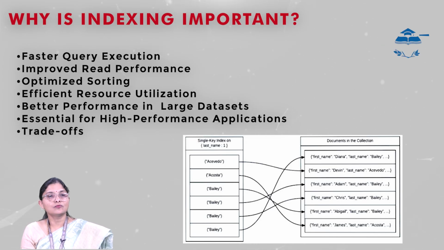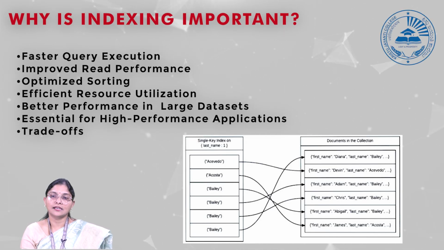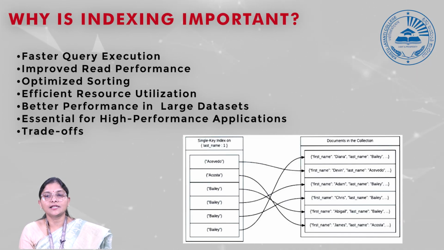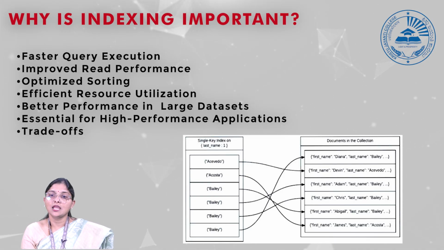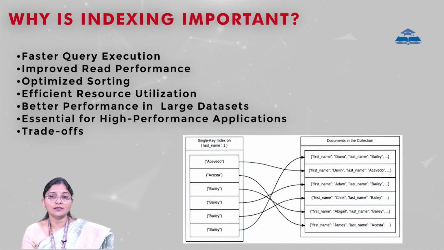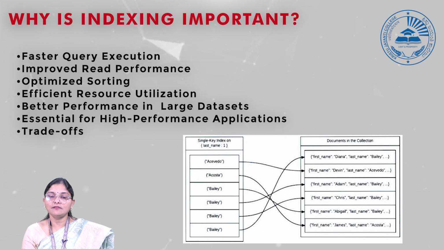With indexes, MongoDB directly locates the relevant documents, which speeds up queries. Indexes allow queries to retrieve data efficiently by reducing the number of documents scanned, which improves read performance. It is especially useful in filtering, sorting, and range-based queries.